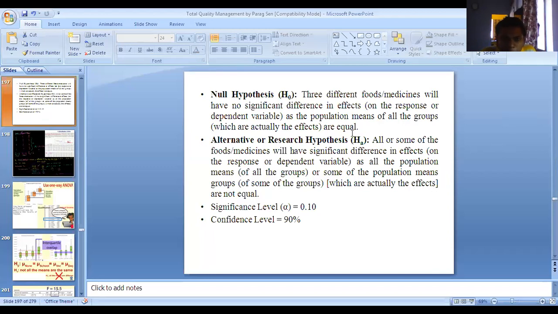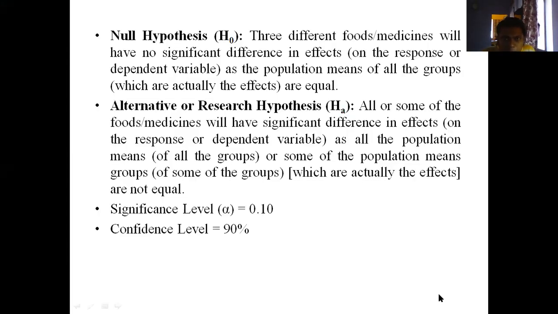We have added one slide here so the idea of the null hypothesis and the alternative or research hypothesis will be clear for this example. Here the null hypothesis is that three different foods or medicines will have no significant difference in effects on the response or dependent variable, as the population means of all the groups, which are actually the effects, are equal.